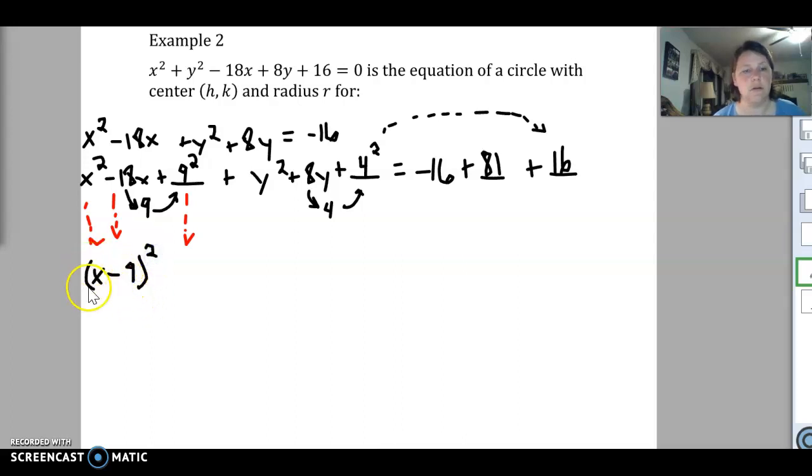Again, if you need to, FOIL that out and see that when you FOIL this, you get x squared minus 18x plus 9 squared. The whole purpose for us of completing the square is to get it in this format. So if we've completed our square correctly, this will work every time. Then plus (y plus 4) squared.